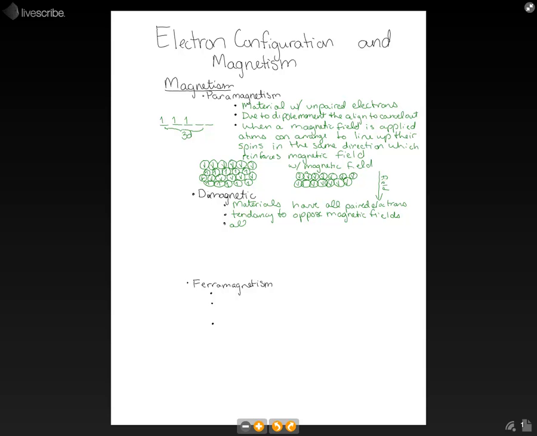And since they're all paired, they cannot change their alignment in order to match the magnetic field.